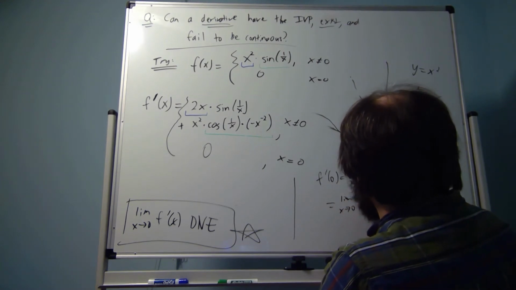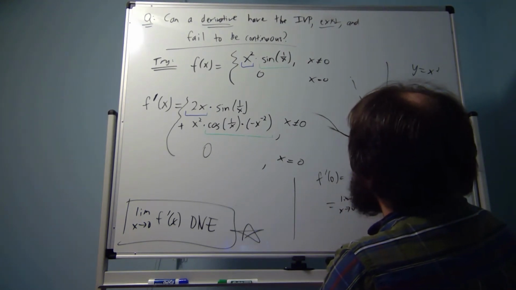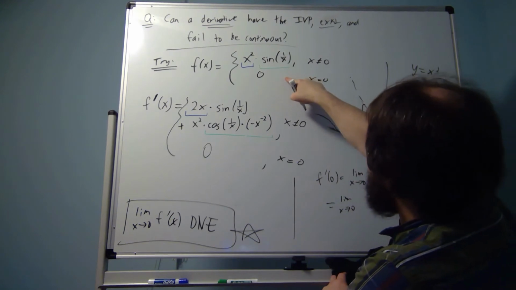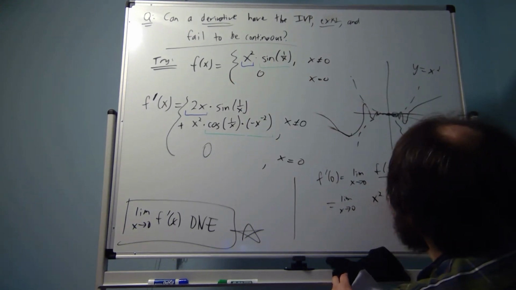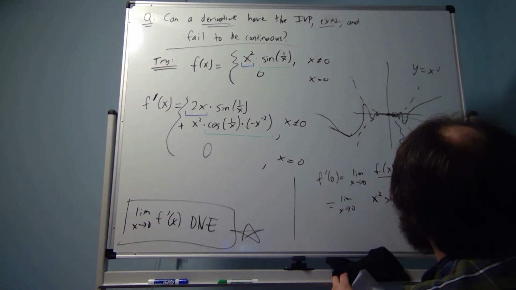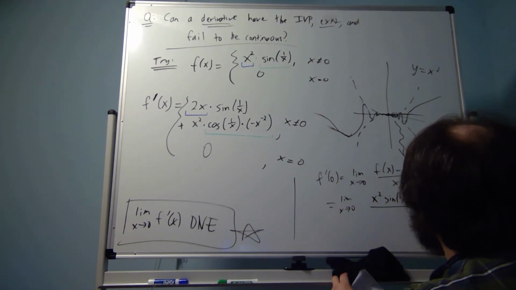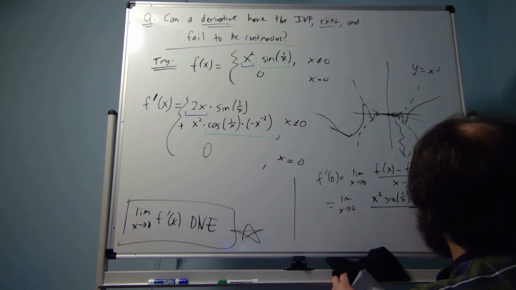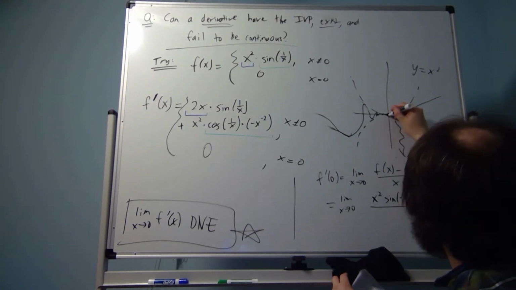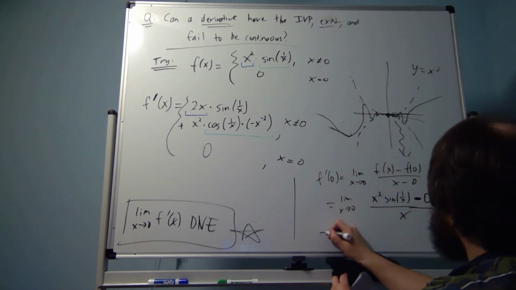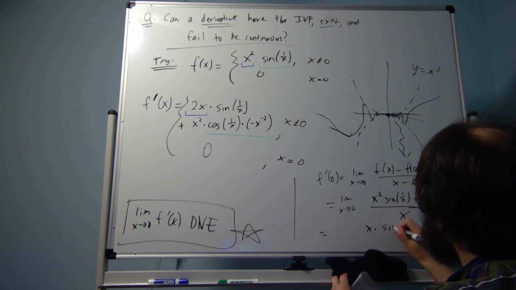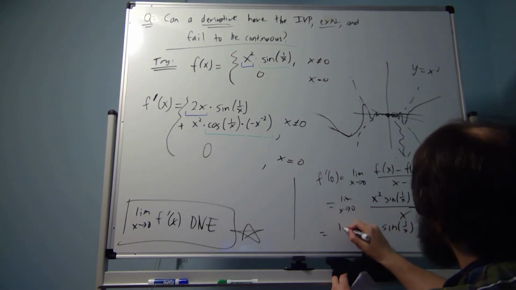We want the derivative of the original function f. So that's x squared sine 1 over x minus f of 0, which was defined to be 0, because that removes the singularity, or plugs in the hole. And the whole thing divided by x. So we've got x times sine of 1 over x.